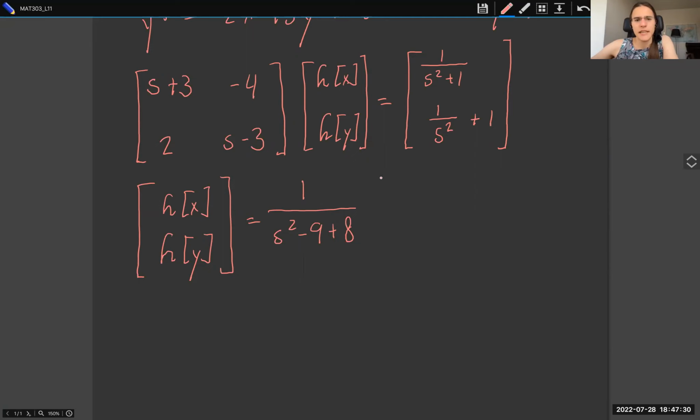Then what we're going to get is we're going to take this matrix, we are going to swap these entries because that's how we invert 2 by 2 matrices, and then we're going to put negative signs on here. And then, sure, why not combine this?